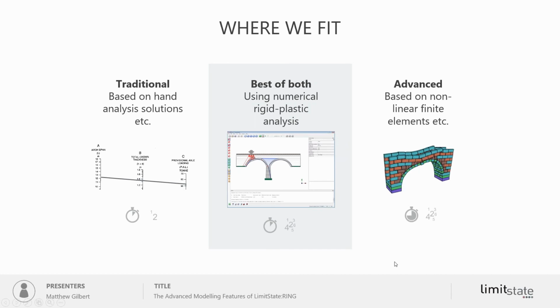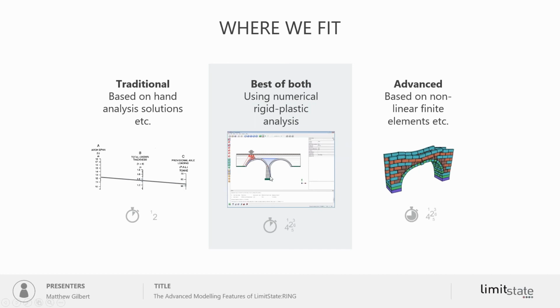And what's happened in the last 20, 30 years is that advanced tools based on, for example, nonlinear finite elements or discrete elements have grown in popularity, and those are available for use as well. The downside of the former, the traditional tools, is they have very limited application, so you keep trying to apply them to problems which are really beyond their remit. On the other hand, the advanced tools can be applied to arbitrary problems, but the investment of time, operator expertise and so forth is large.